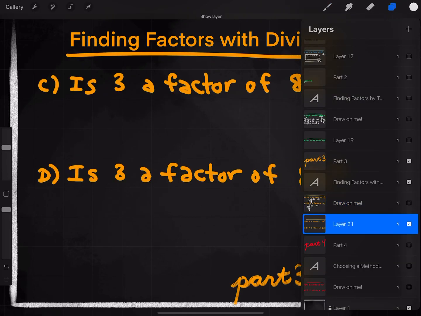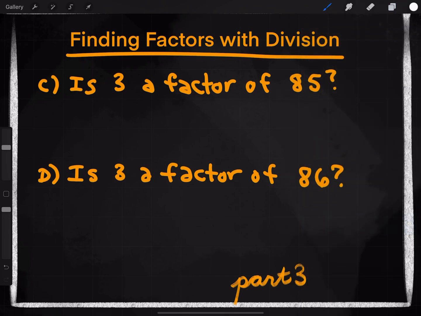Let's try one more. Is 3 a factor of 85? So this is a little bit bigger number, but you can do the exact same thing. So let's take 85 divided by 3. Oops, sorry, 25.